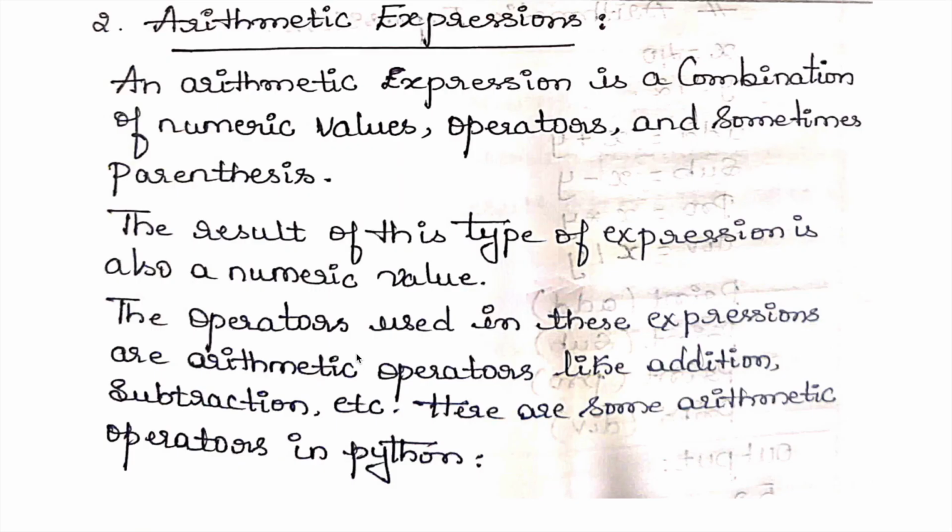You can see here x plus y. x is an operand, y is an operand, plus is an operator. In an arithmetic expression, you can observe it will contain numeric values. In this example, I can give x value as 40 and y value as 12. Both are numeric values, and between them we can use these operators, which are called arithmetic operators. What are the different types of arithmetic operators?